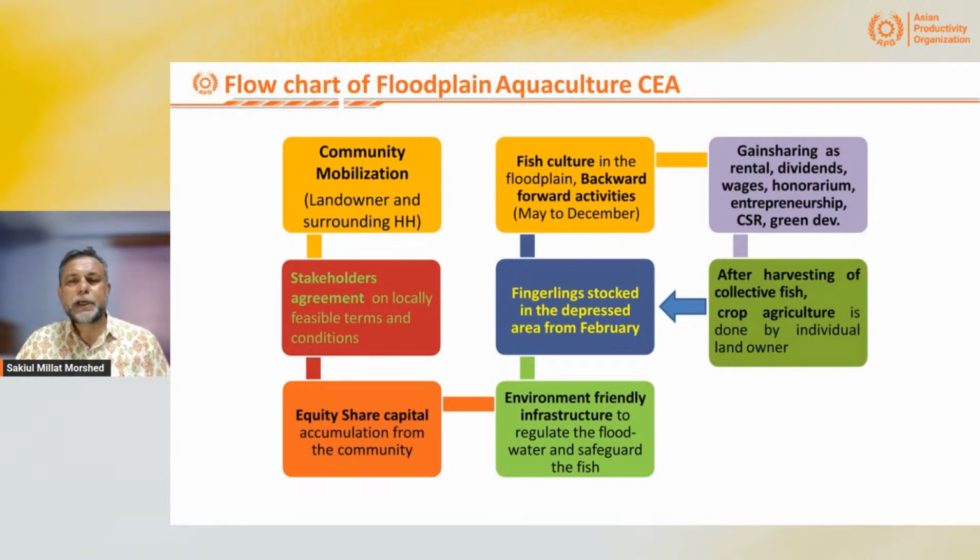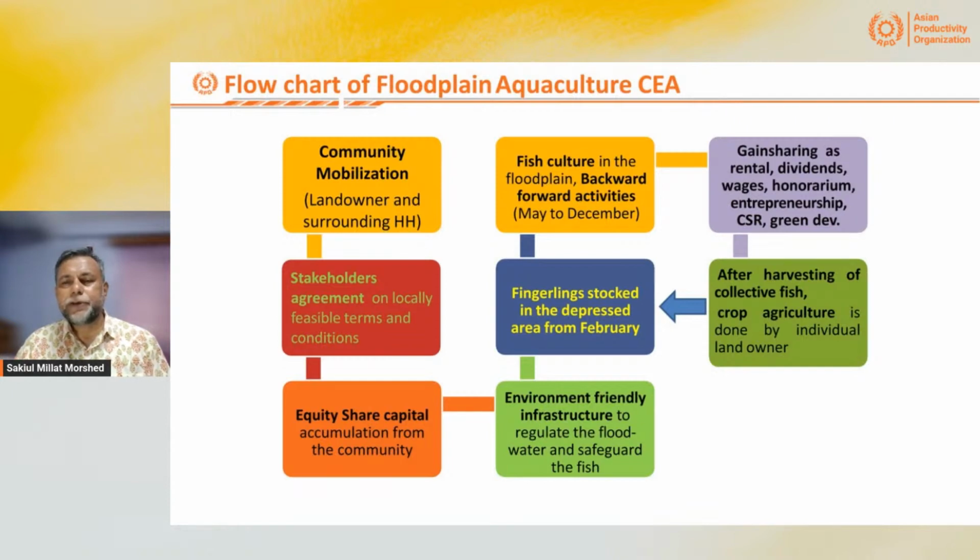These fish fingerlings start rearing, and the actual fish culture starts from May to December. All the fish culture related activities, meaning feeding the fish or harvesting, happen during May to December. We stock our fingerlings in February, then the fingerlings start rearing in the floodplain from May, and from September the community starts harvesting, and by December they complete their harvesting.